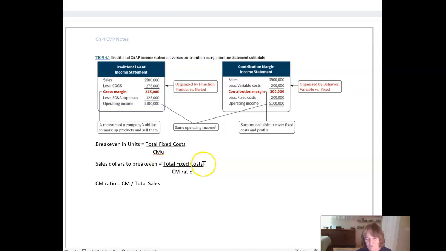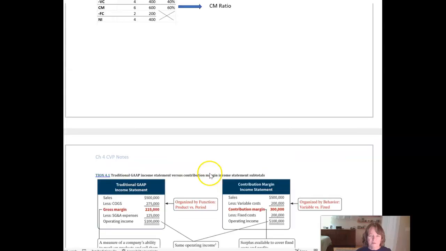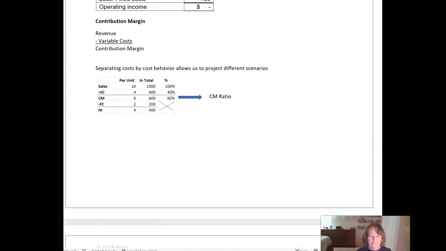This would be total fixed cost divided by the contribution margin ratio. So if we did this one here, sales dollars to break even would be our fixed cost, and let's just do it real quick here. This one would be, I can't see anything. Oh, it's in Word.